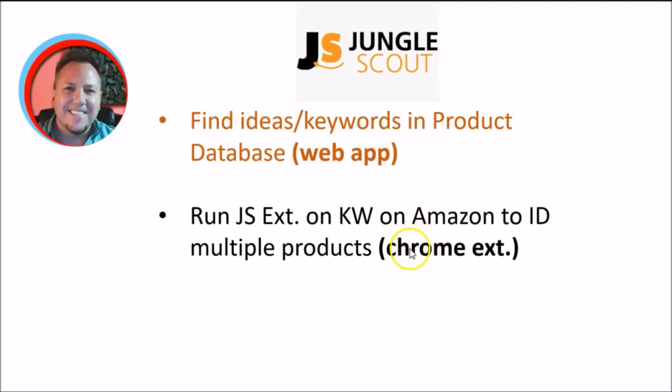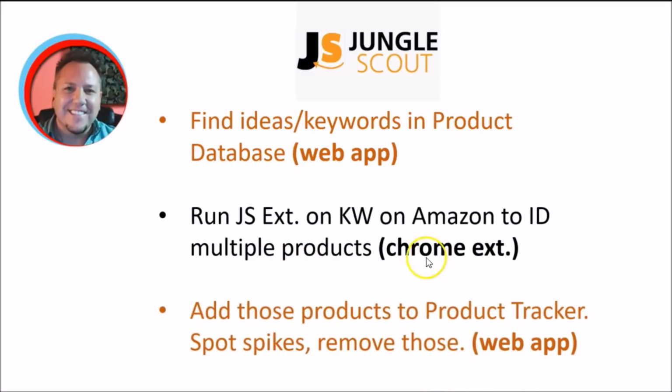So you want to be able to identify multiple products using this Chrome extension. Then once you do that, you want to add those products to the product tracker, and that's within the web app. What this helps you do is spot spikes, for example, in these products, and then you can remove those because you know that they're just temporary trends.